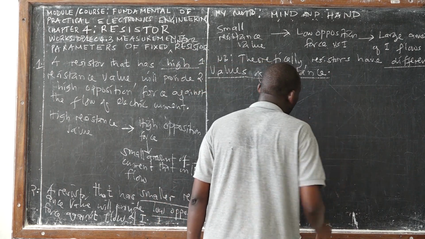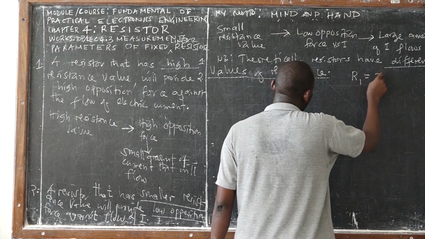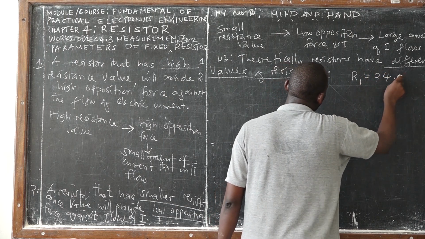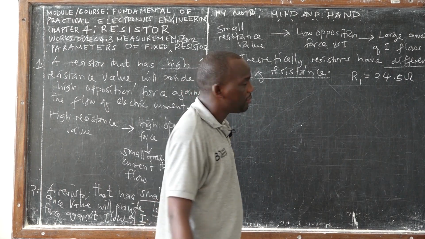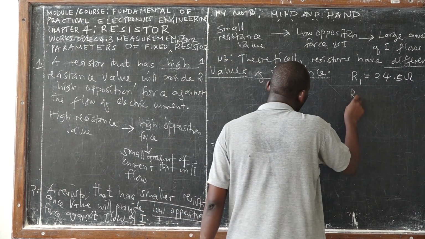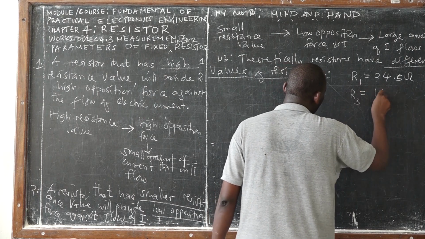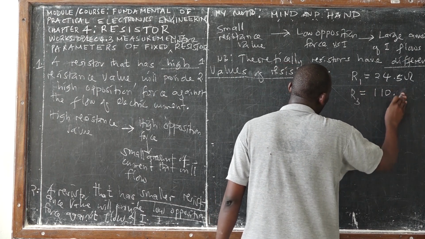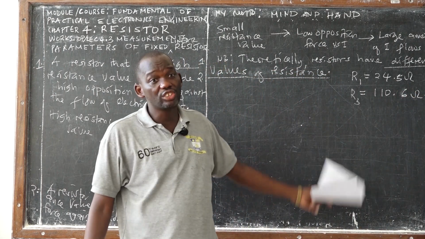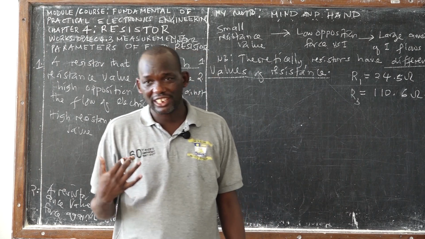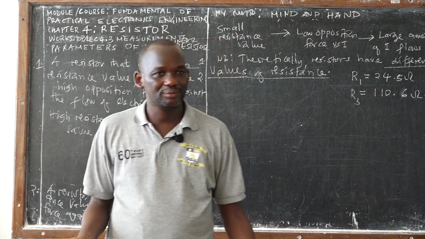It means that, for instance, you can do a calculation. You say, around here, I just need 24.5 ohm. This is a value. Or maybe you did your calculation and you come up with R3 having 110.6 ohm. So these are theoretical values. When you're dealing with the resistance of a resistor theoretically, you don't bother about the value.